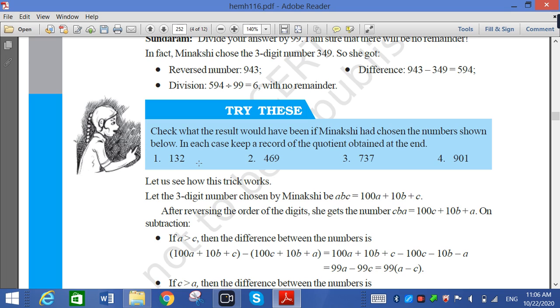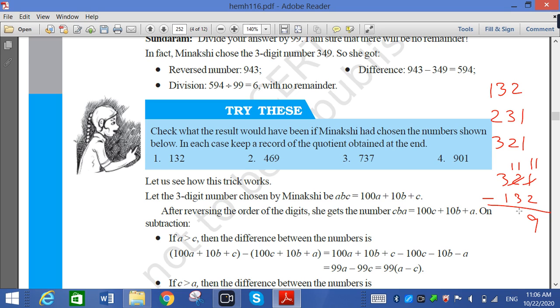See now, I am taking 132. So the biggest number is 231. That is the largest, 231. Again 321. So now 321 minus 132. So here it is 11 minus 2, that is 9. Here it is again 11, so 1. Again I have to write 1.